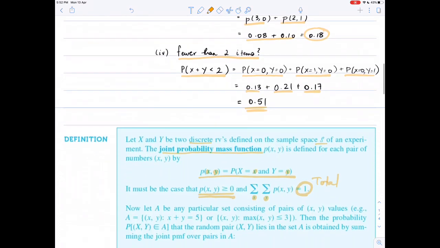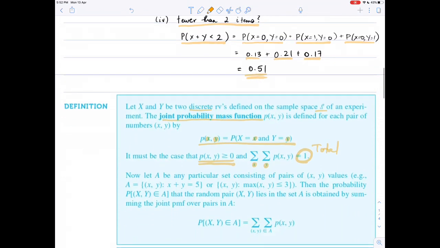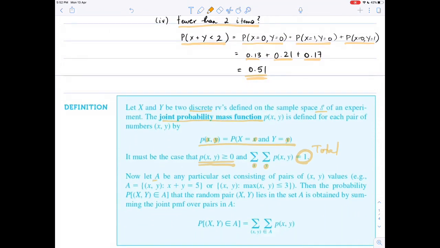Now, further down, they say the following: let A be any particular set consisting of some subset of pairs of x, y values. For example, they give the example x plus y equals 5. We had x plus y is 3, or the max of x, y is less than or equal to 3, or x plus y is less than 2.